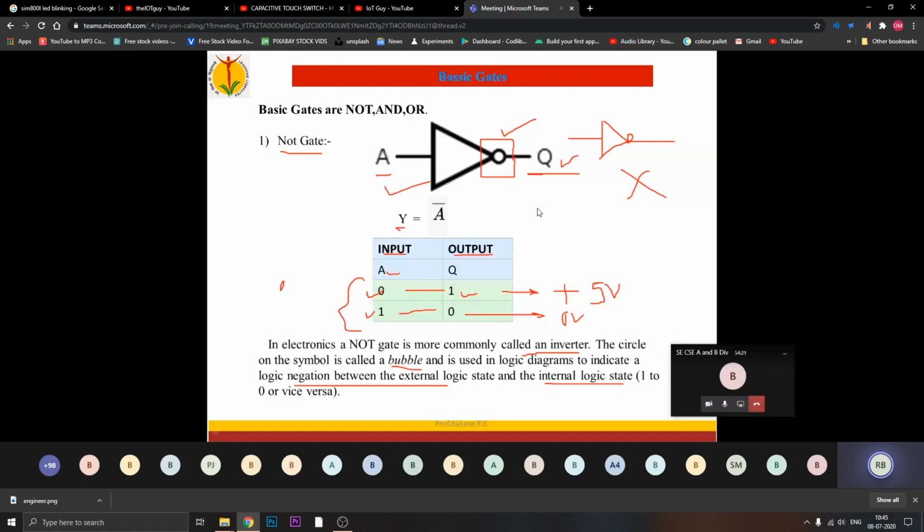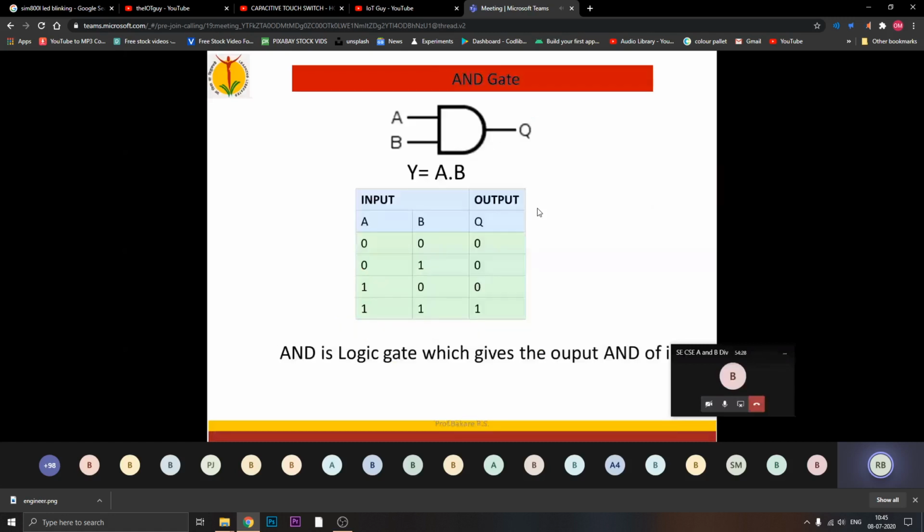Now let's switch to the next slide, which is the second basic gate, the AND gate. Is it visible? Next slide. Yes, sir. Okay, thank you. The next is the AND gate.